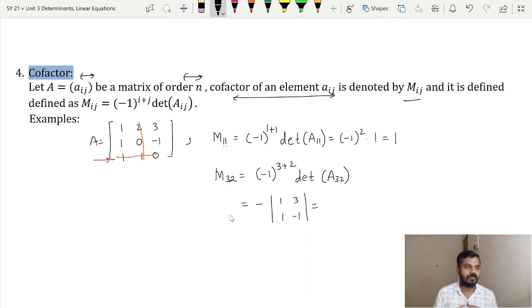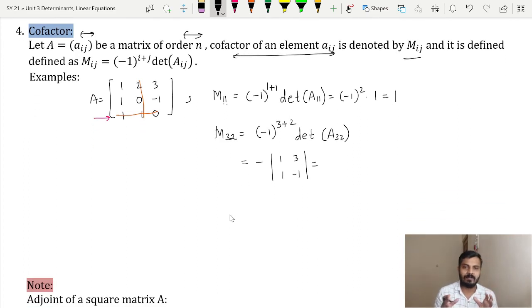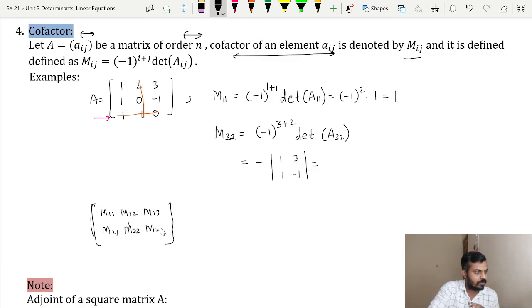And if we put all the cofactors in one matrix, I am talking about the matrix of cofactors, somewhat like this: starting from this m11, this is m12, m13, and continuing over here we will have m21, m22, m23.